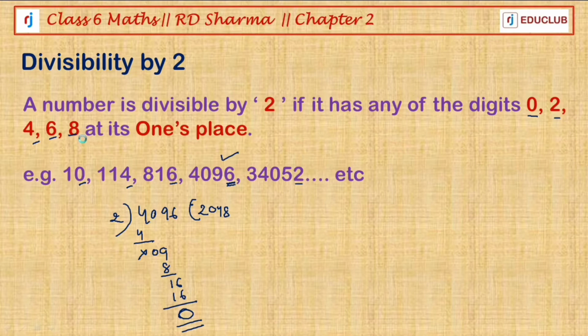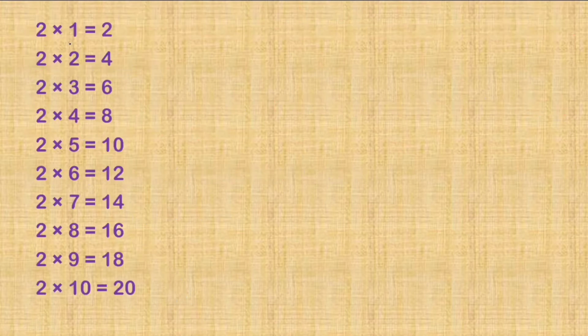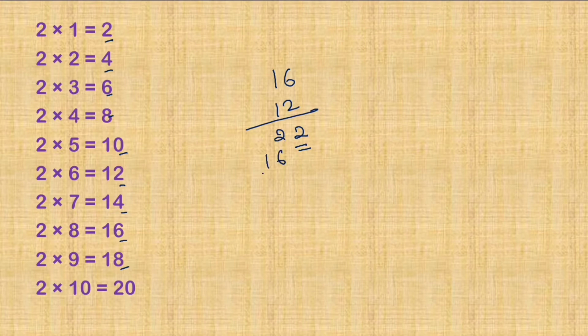You can see the table also. In 2's table, the numbers come 2, 4, 6, 8, 0. Only these numbers come at the ones place when we are multiplying any number by 2. For example, let us see 16 into 12. We multiply 2 sixes are 12. 2 is coming. 1 we will multiply later, that is separate.